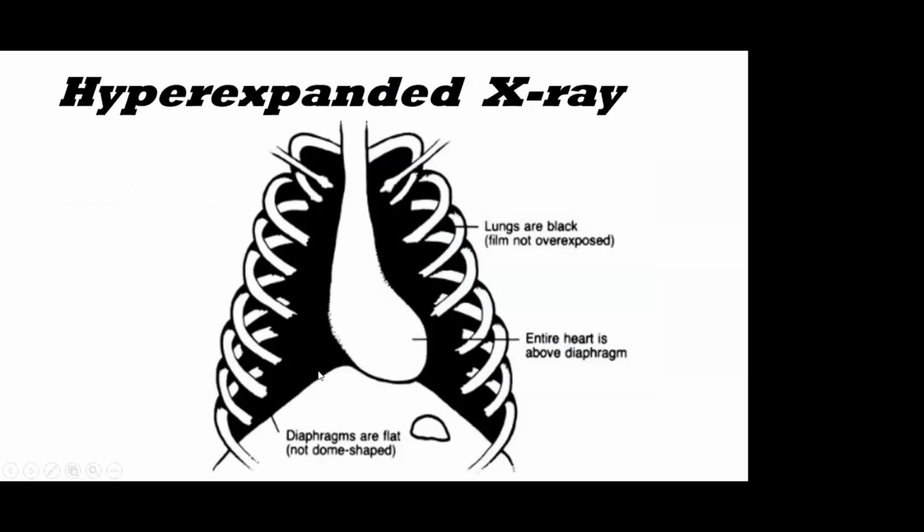Otherwise, the heart is seen sitting on the diaphragm, and both the domes curve like this beside the heart, so it is a heart sitting between the two crura of the diaphragm. But here the heart will be sitting like a mountain on the diaphragm, and the dome shape of the diaphragm is lost, and the diaphragm will look more and more flat. So this is how you identify that it is not an overexposed film, but an overexpanded lung field.